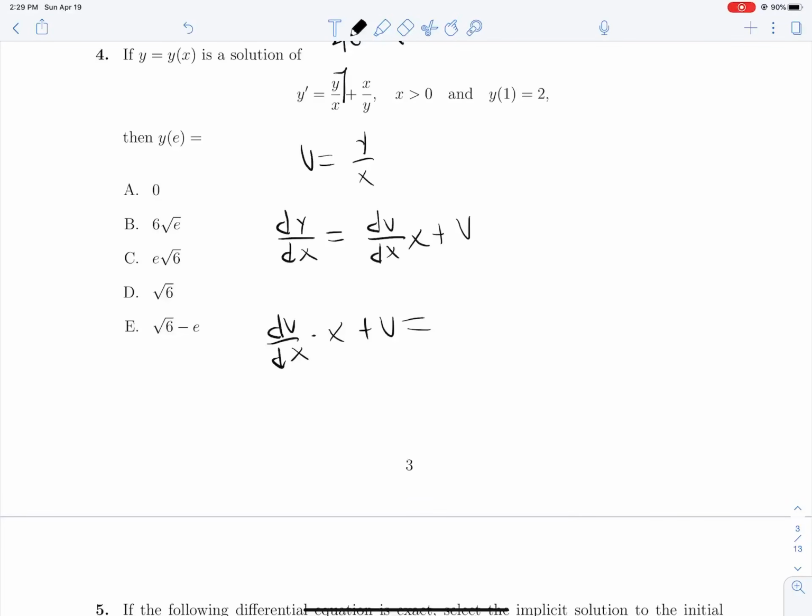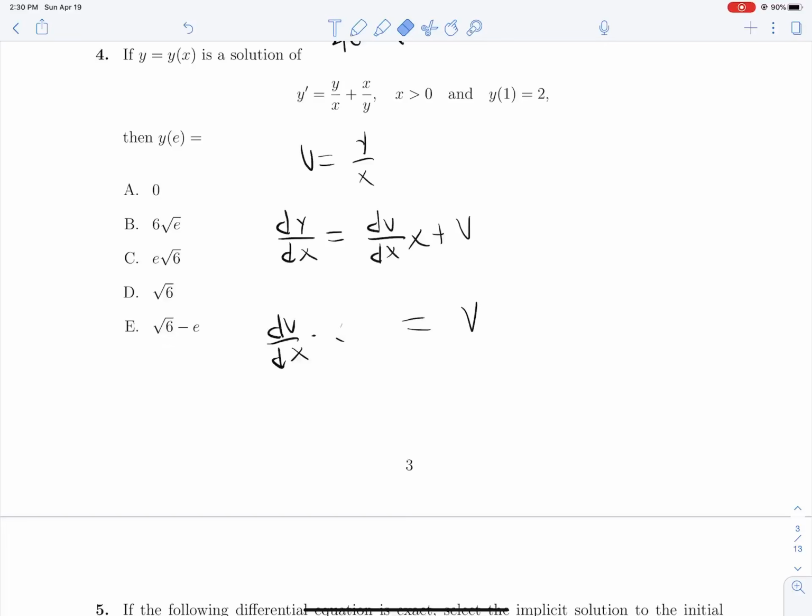And then on our right-hand side we have a y over x, that's a v, and x over y is 1 over v. We can subtract v from both sides and do a little rearranging. Let's take 1 over all of our sides, so flip all of our fractions.